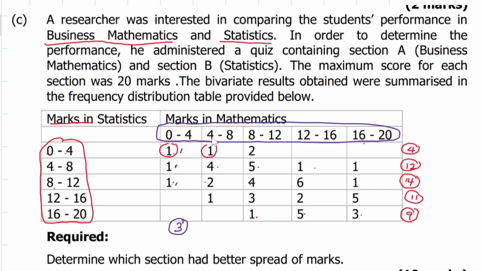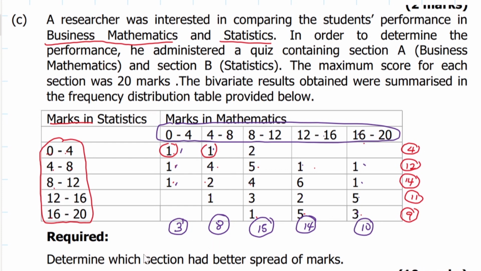Those who got between 4 to 8 is 4, 5, 6, 7, 8 people. Those who got between 8 and 12 marks is 5, 9, 10, 11. These are 15 people. This is 6, 7, 8, 9. These are 14 people, and then these are 5 plus 3, 8, 9, 10. Like these are the classes. Those who got between 12 to 16, 16 to 20, these are the marks for math.